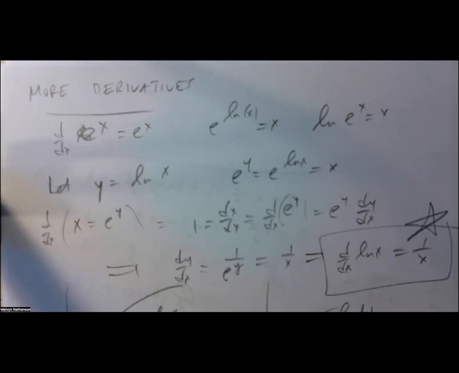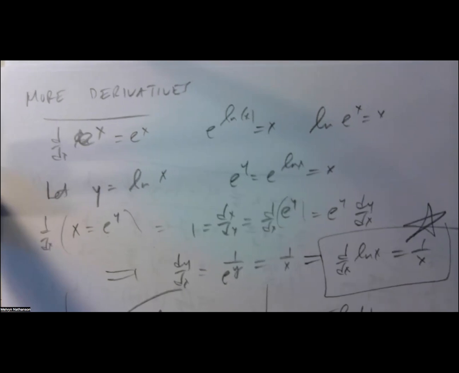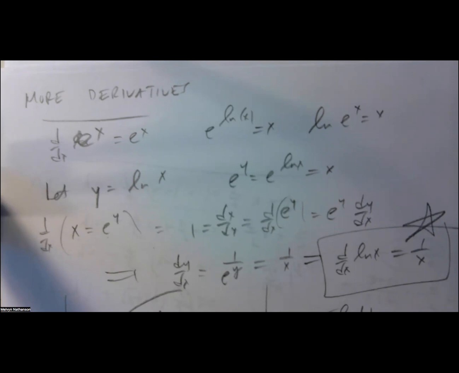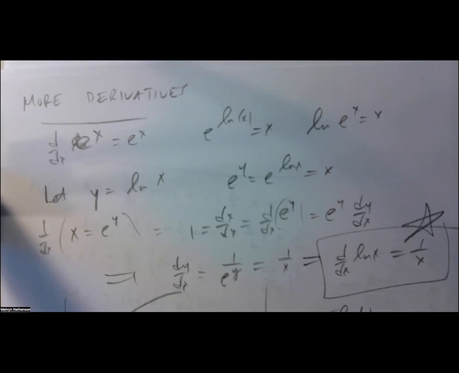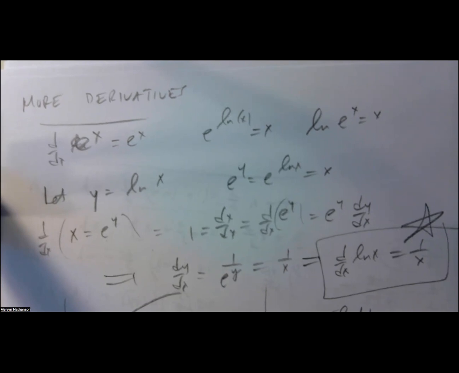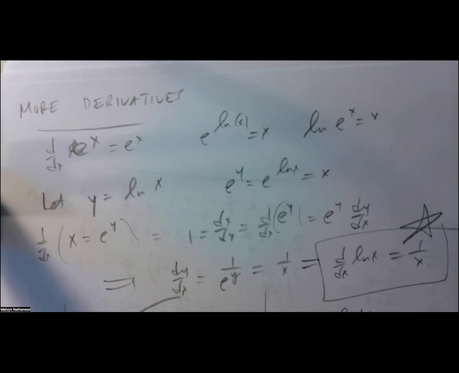And so the derivative of log of absolute value of x is 1 over x. If x is less than 0, the log of the absolute value of x is the log of minus x. And the derivative with respect to x of the log of minus x is going to be 1 over minus x times minus 1, which is, again, 1 over x.